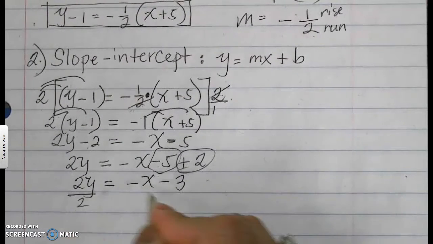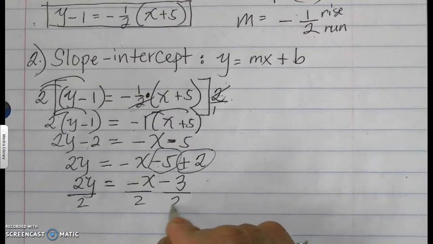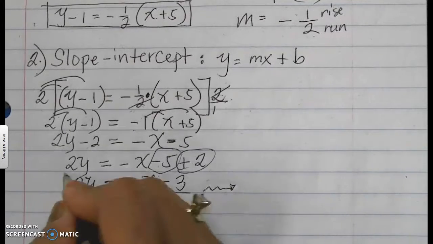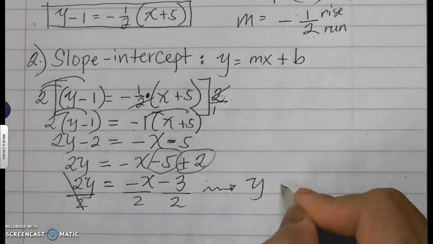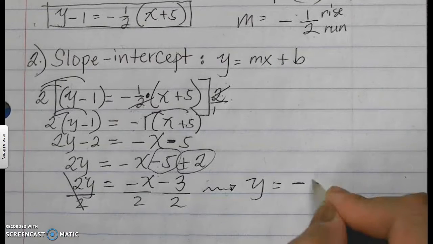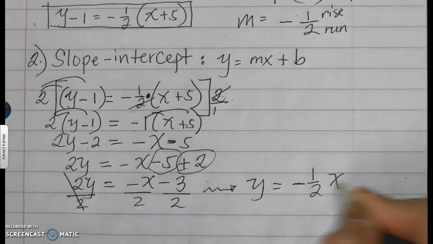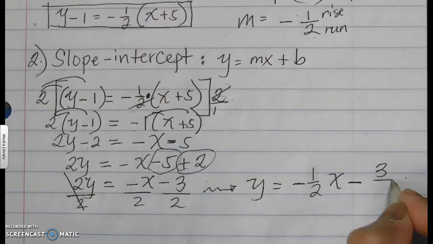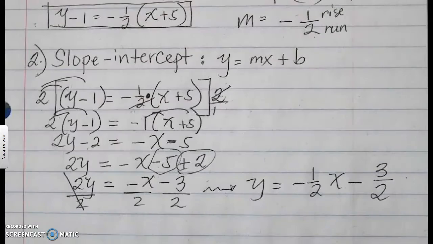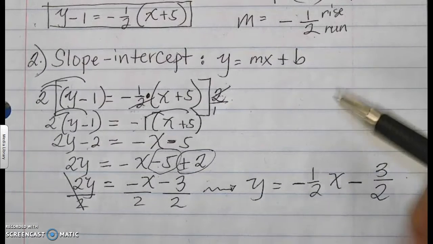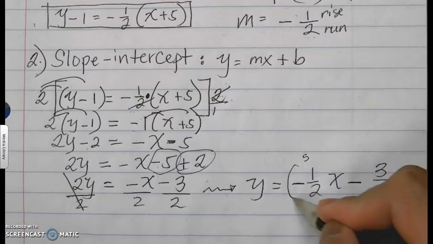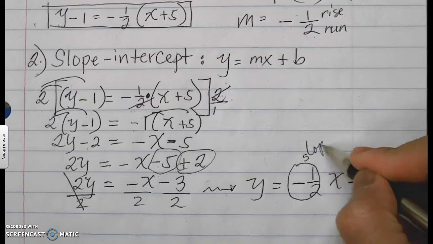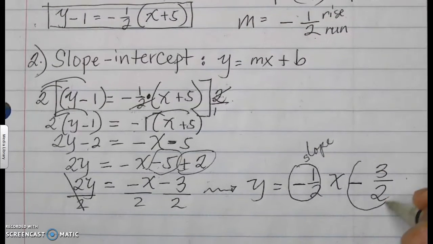So divide by 2, divide by 2, divide by 2, making this become y equals negative 1/2 x minus 3 over 2. So this is your slope, and this is your y-intercept.